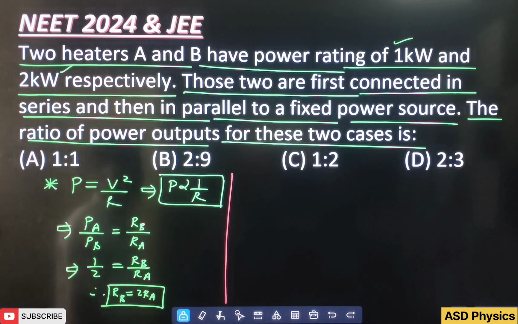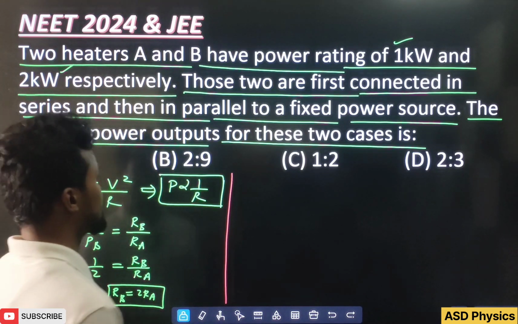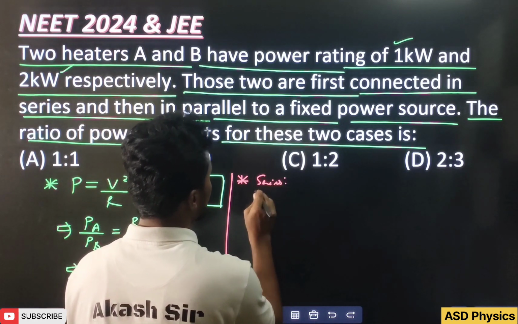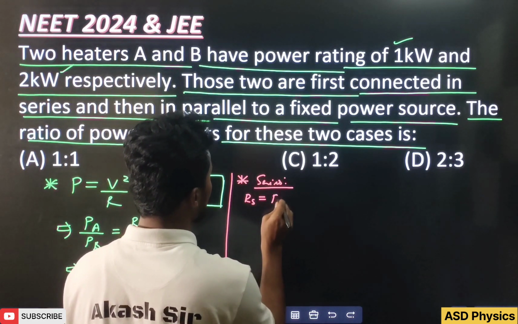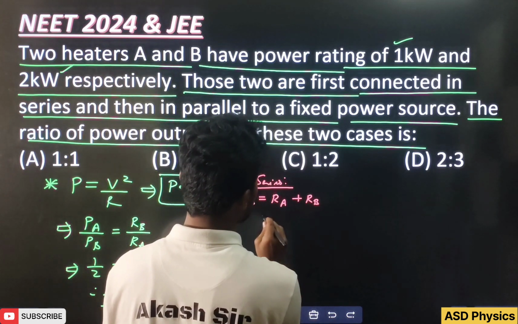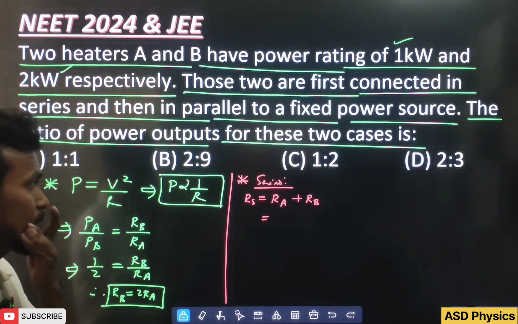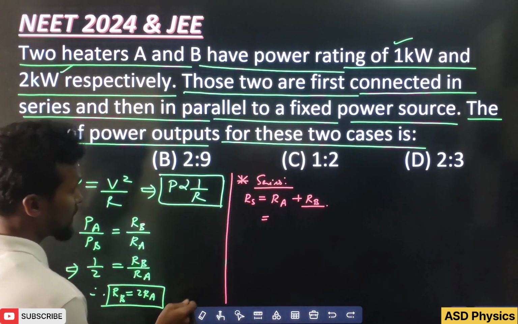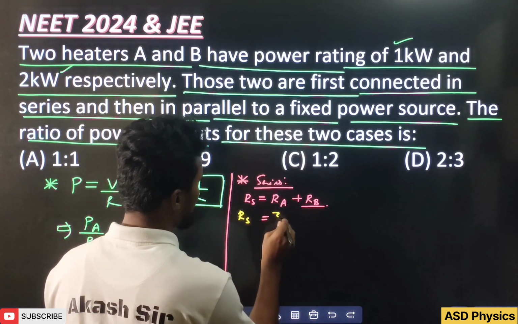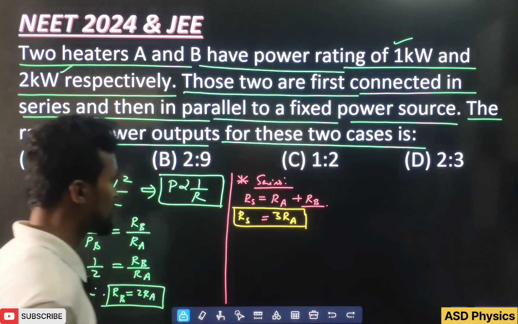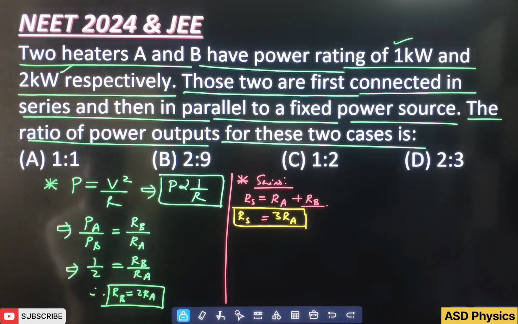After that, when they are connected in series, RS will become RA plus RB. I put RB equal to 2RA, so RA plus 2RA becomes 3RA. But some mistake happened.